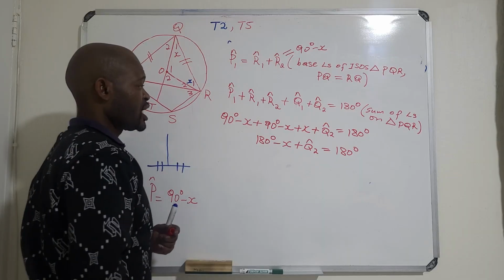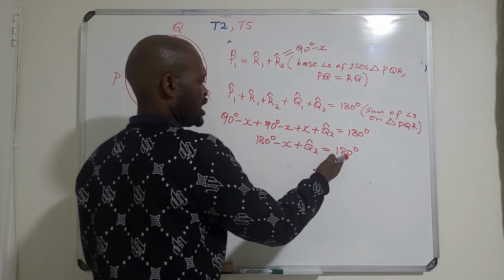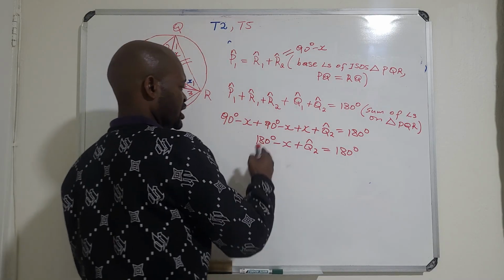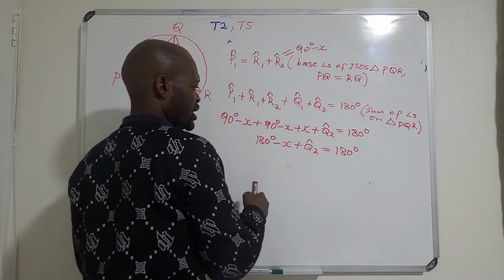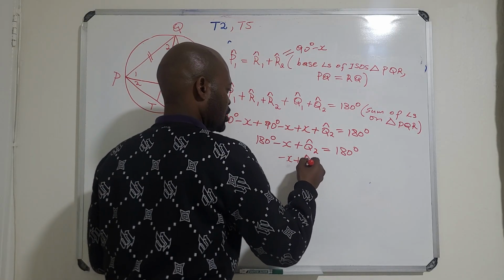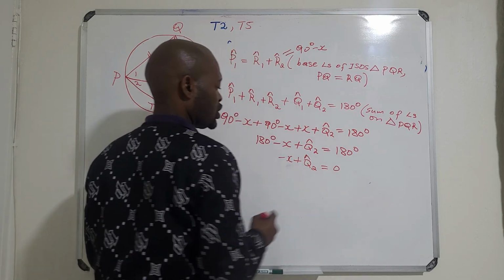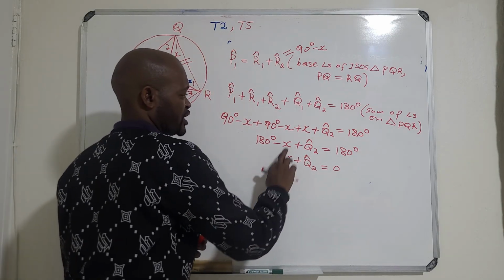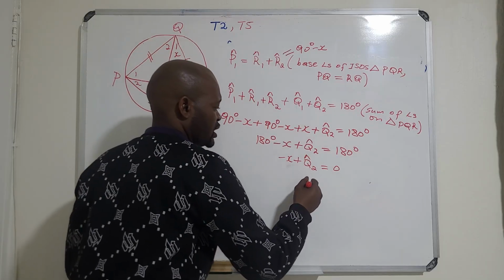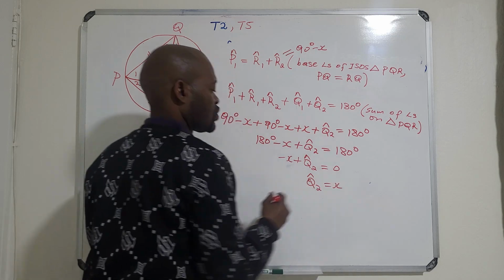We have seen in the last example that since there's a plus 180 this side and this side, these can cancel. Therefore, we're left with negative x plus angle Q2, which is equal to naught. I take this x to the other side, angle Q2 is equal to x.